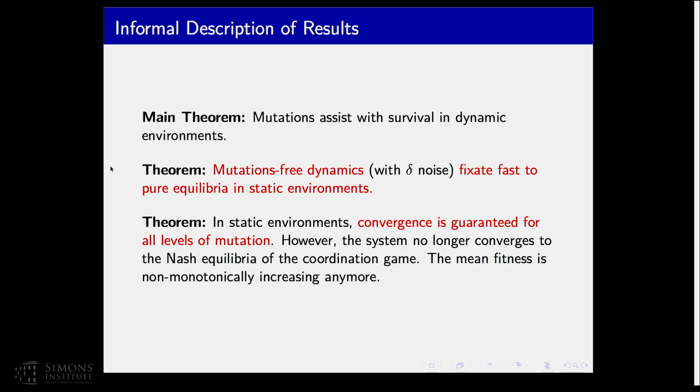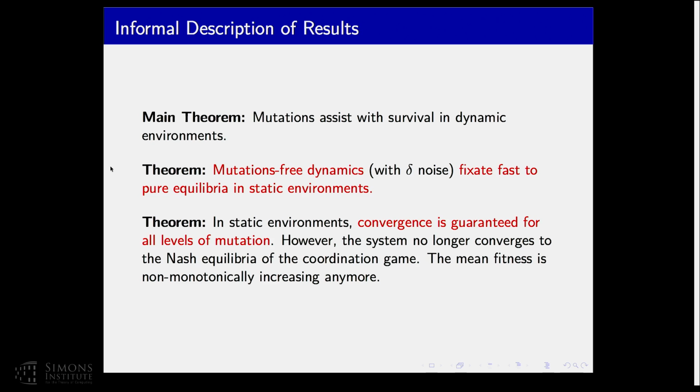First of all, we provably show that mutations indeed assist with survival in a very specific way. We show that without mutations, the system dies out, whereas with mutations, for specific rates that I'll make exact in the following slide, survival happens with positive probability, okay? And the way we build towards these results is through other interesting stepping stones.